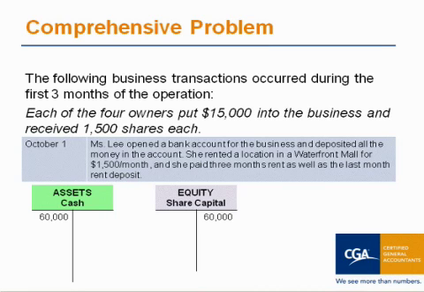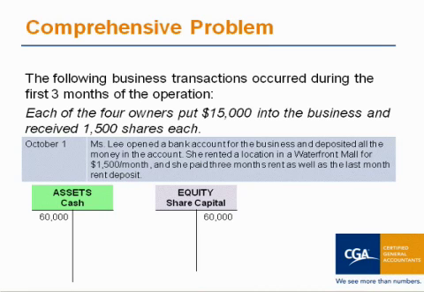So each of 4 owners put $15,000 into the business and received 1,500 shares each. So we're also told, highlighted in blue, is we opened a bank account for the business and deposited all the money into the account. So now we can record what's going on. We can record that $60,000 cash has been received and deposited into the bank.